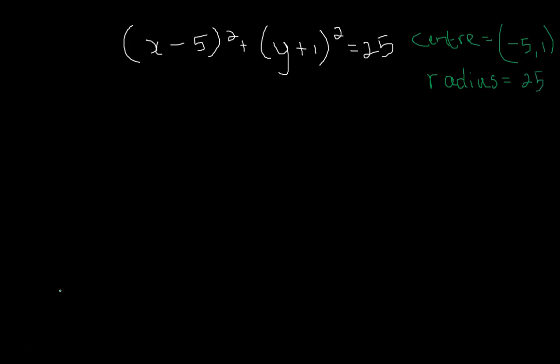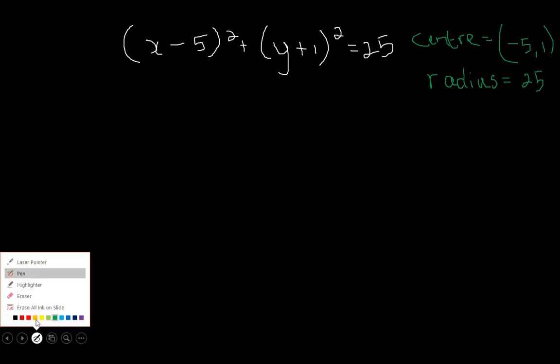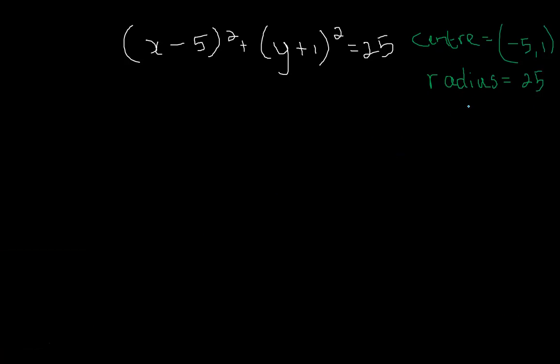Anybody else got these answers? Miss, for the final answer, I got the center was 5, -1, and the radius was 5. 5, -1, and we have radius to be 5. Anybody else? Anybody had the green or the blue?